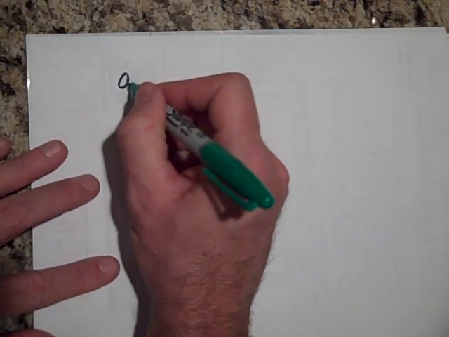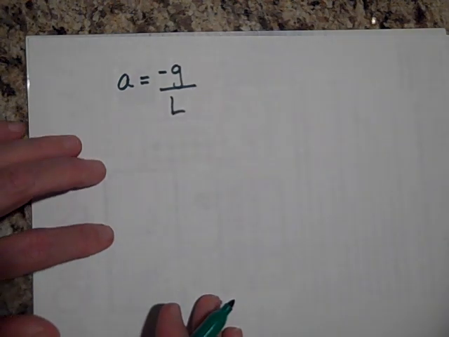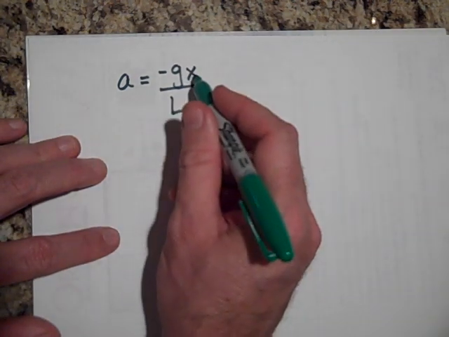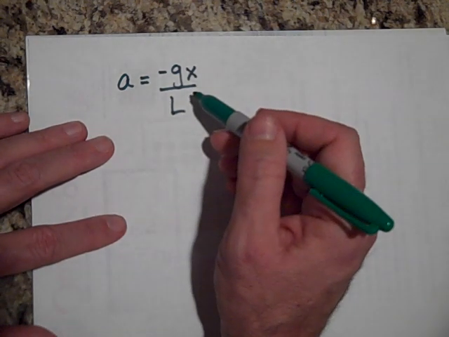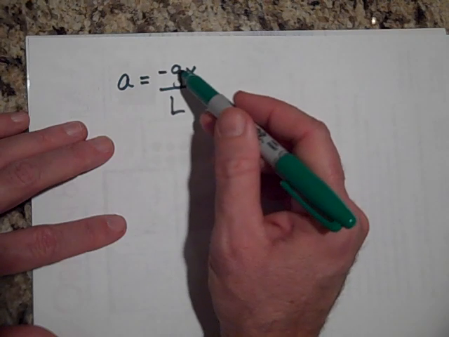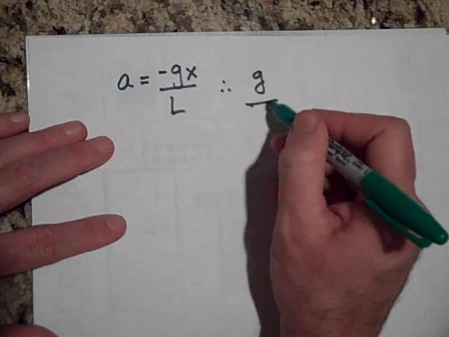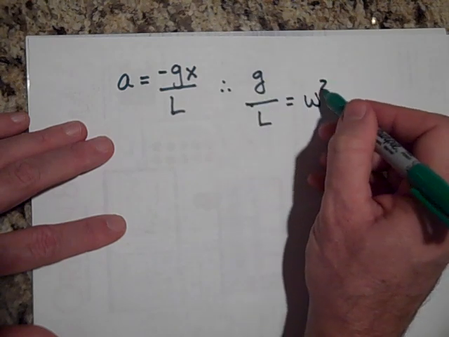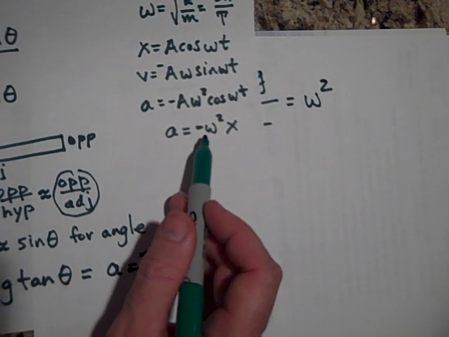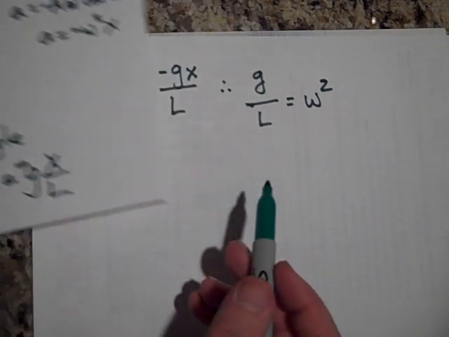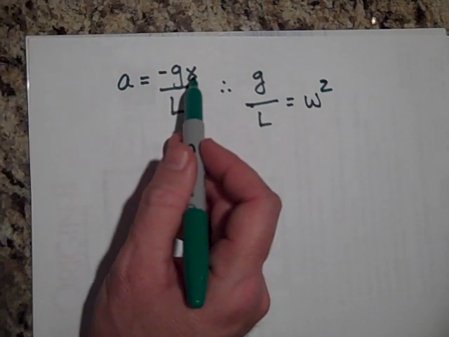So if A is equal to negative gx over L, then that tells us that g over L must be omega squared. That's because A is equal to negative omega squared times x.